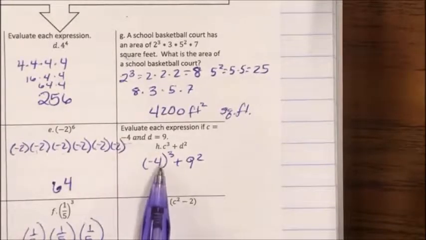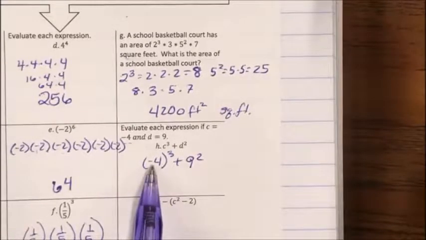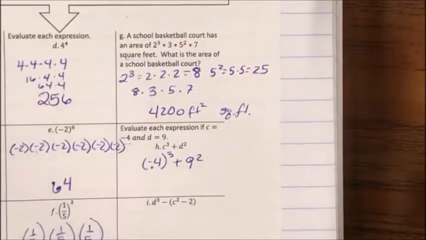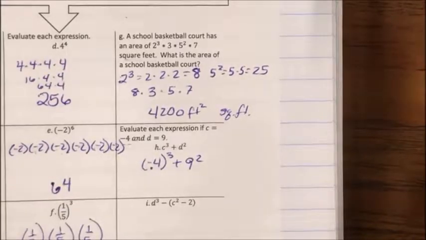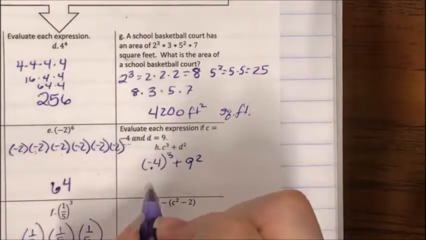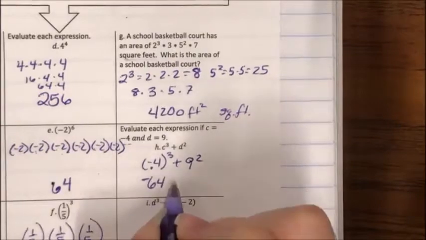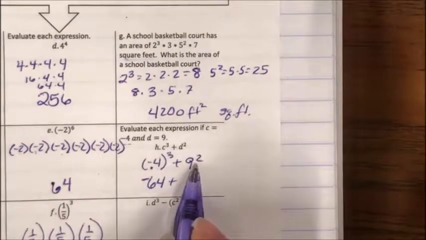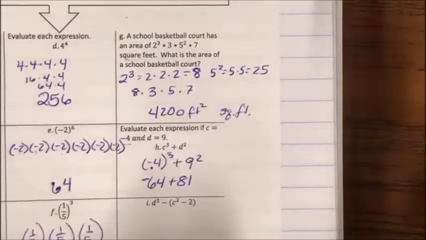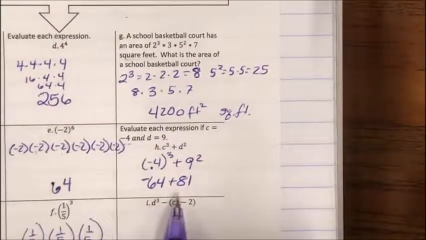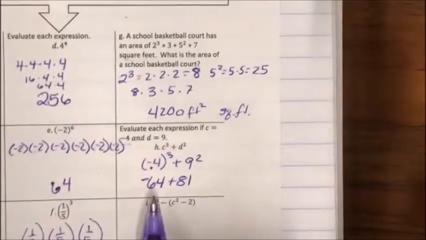So that's really important. -4 times -4 is 16. 16 times -4 is -64. So this is -64. 9 squared, 9 times 9 gives me 81, and then I add this together. I have -64, positive 81.